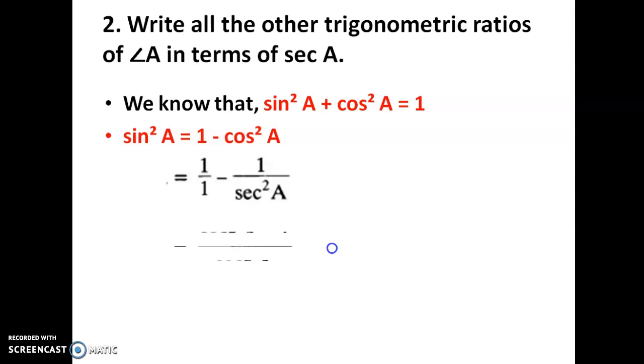The next step, take LCM. After taking LCM, this secant square A will be multiplied to the numerator. So you will get secant square A minus 1, the whole divided by secant square A.